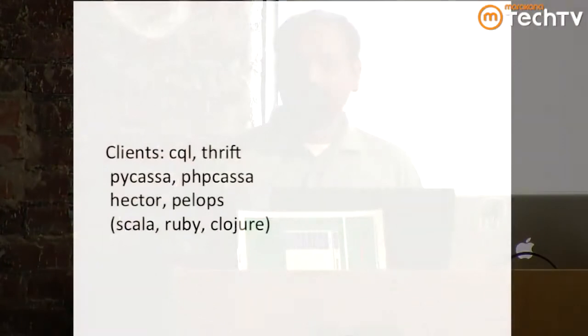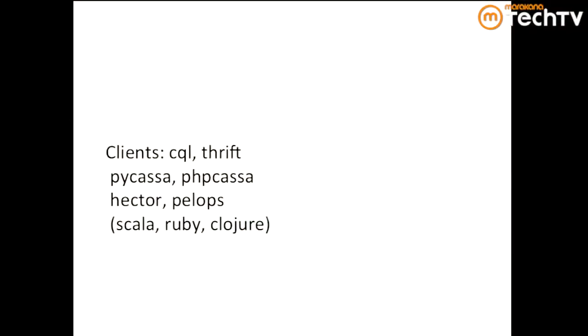Clients, the preferred clients these days are CQL. Thrift is the serialization, deserialization format within Cassandra, and that still happens to be something customers use. I've seen a lot of Python and PHP in our customer base, a lot of roll-your-own types from Scala and Clojure, but Hector leads the pack in terms of the number of Java clients that we have.